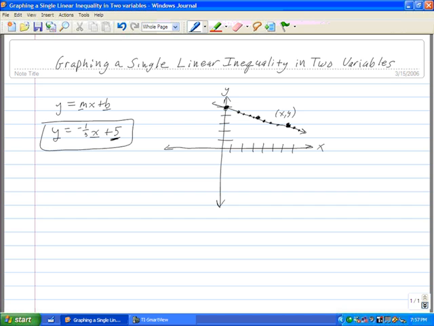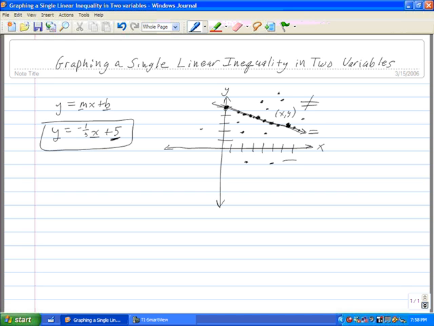So if the points that give you equality are on the line, then what must be true of the points that are either above it in various locations or perhaps below it in different locations? Well, if the points on the line give you equality, then above the line and below the line there must be inequality.